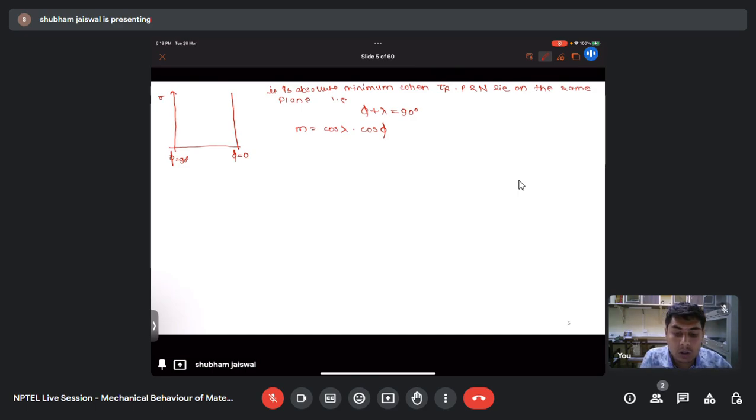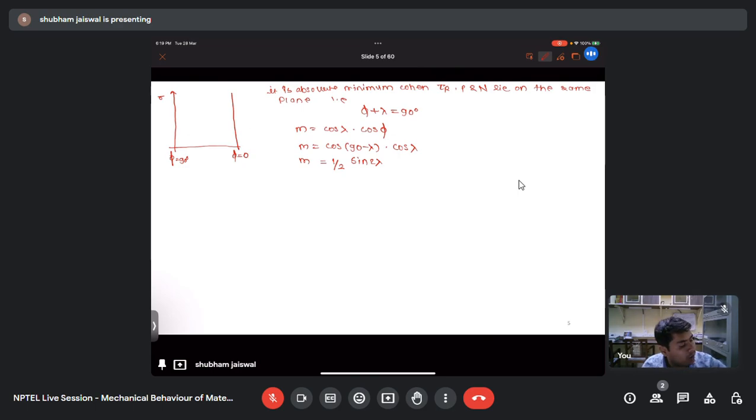If I put the value of phi in terms of lambda, what will I get? m is equal to cos of 90 minus lambda into cos lambda. If I simplify it, I get m equal to 1 by 2 sine 2 lambda. So if I need to increase the value of m, it is the same as increasing the value of sine 2 lambda. So in sine 2 lambda, the 2 lambda should be maximum, and how much maximum is it possible?